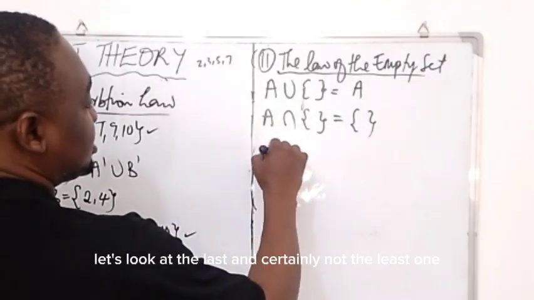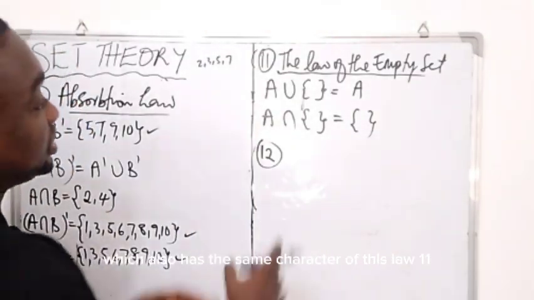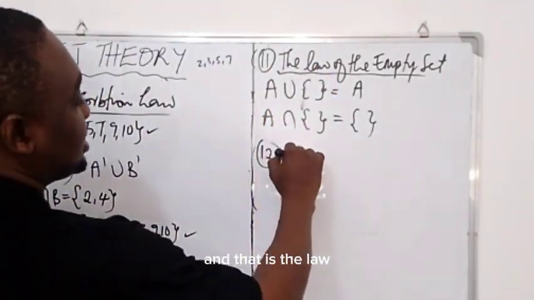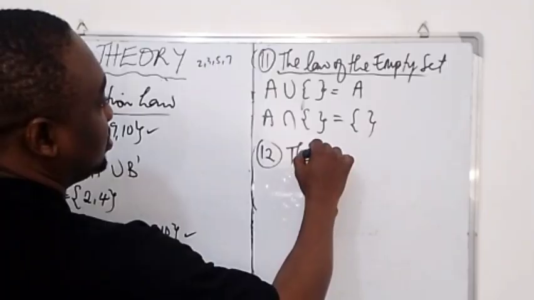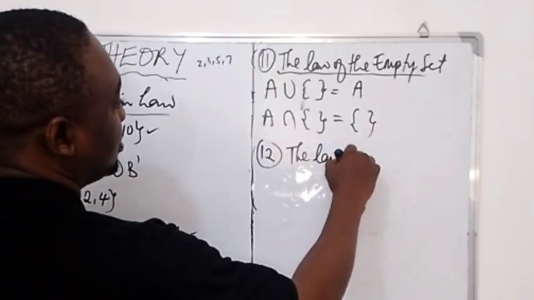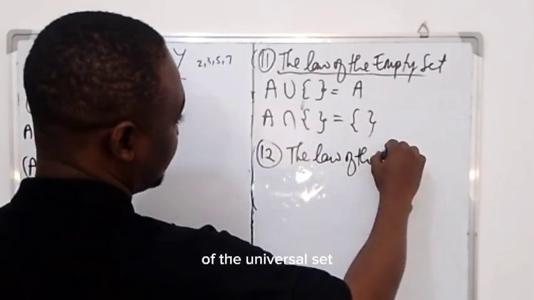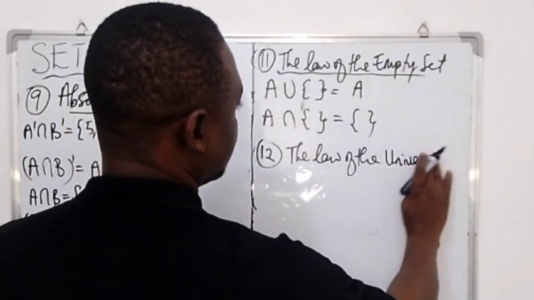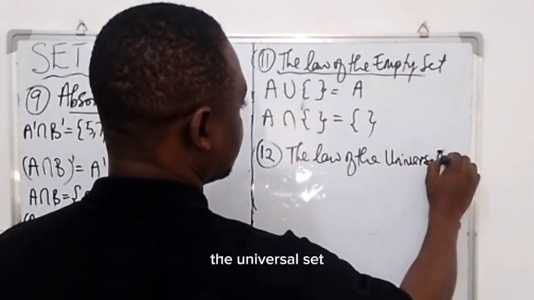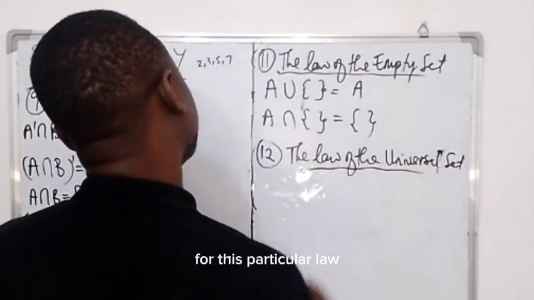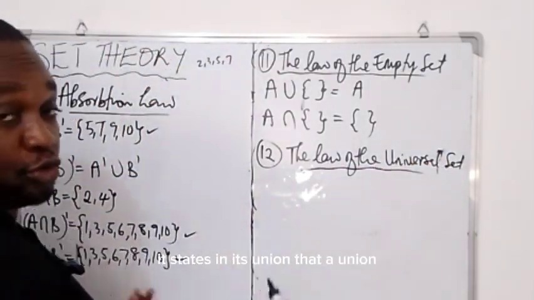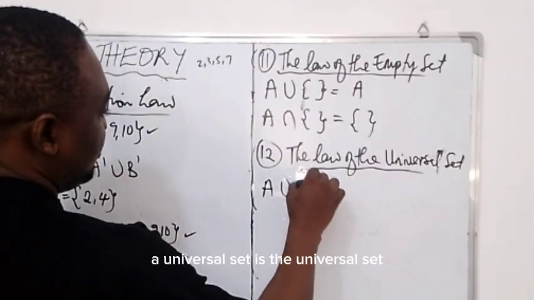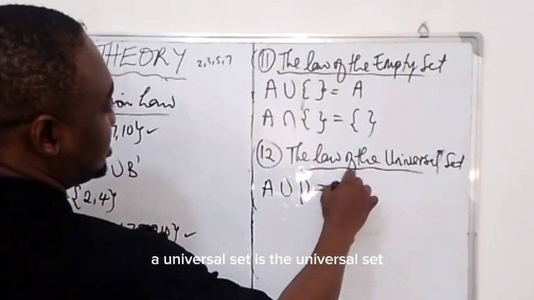Let's look at the last, and certainly not the least one, which also has the same character as law 11, and that is the law of the universal set. For this particular law, it states in its union that A union a universal set is the universal set.